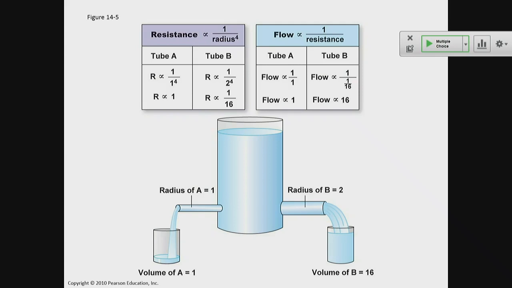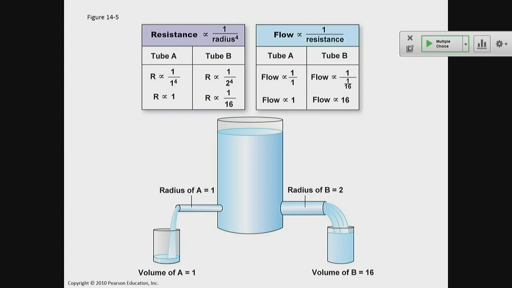Okay, so what useful things can we learn from this formula? So the resistance is directly proportional to the length, okay? So in this case, that would be the length of the blood vessels. And I already mentioned, the length of the blood vessels doesn't change, at least not in the short term. So the length is a constant in the cardiovascular system of the body.